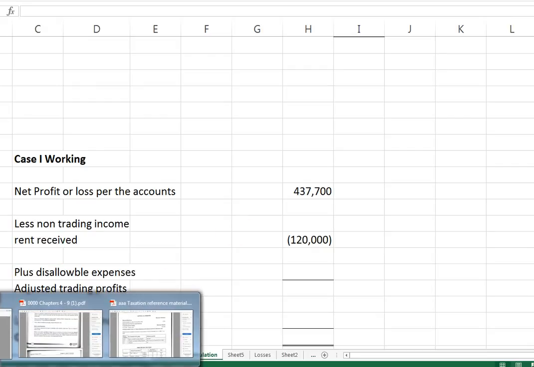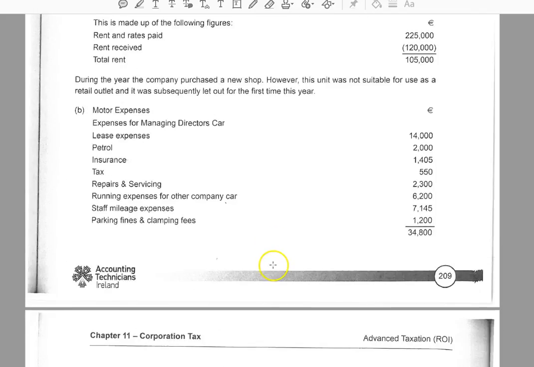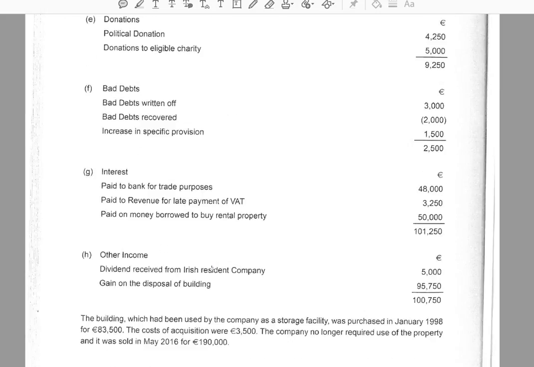And then what else is in other income? If we go down to it, sorry for scrolling, our other income is here, and if it's trading we don't need to take it away. Bad debt recovered, sorry, not dividend received, discount received. If you received a discount from a supplier, that would be trading income, so you'd ignore that, you wouldn't need to do anything.